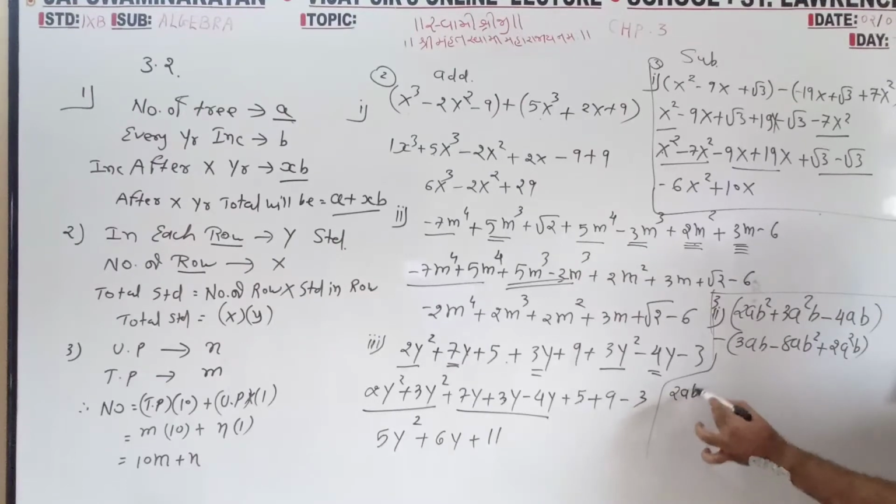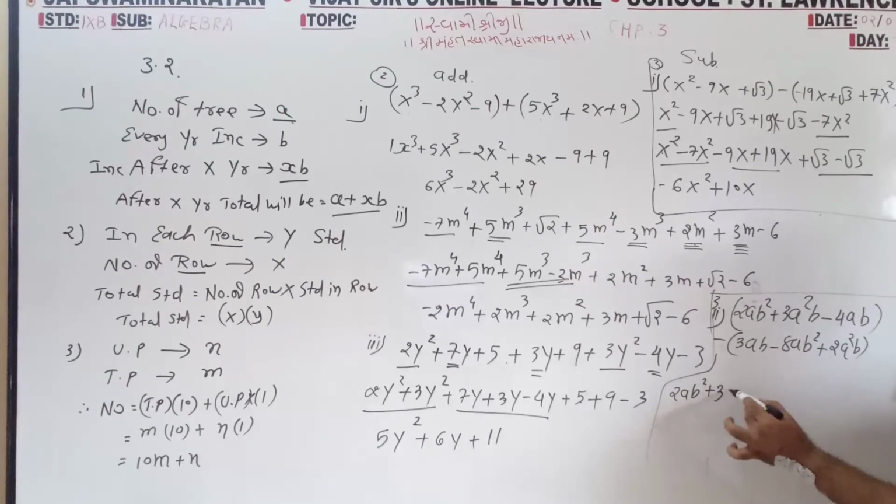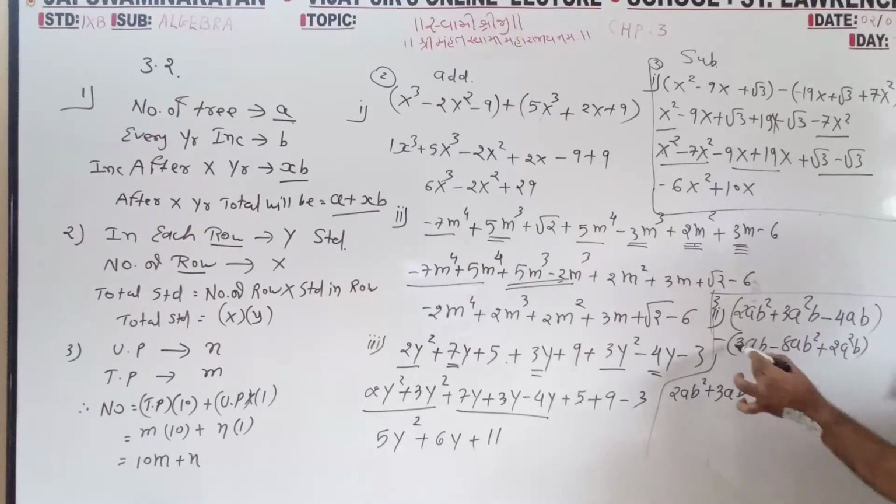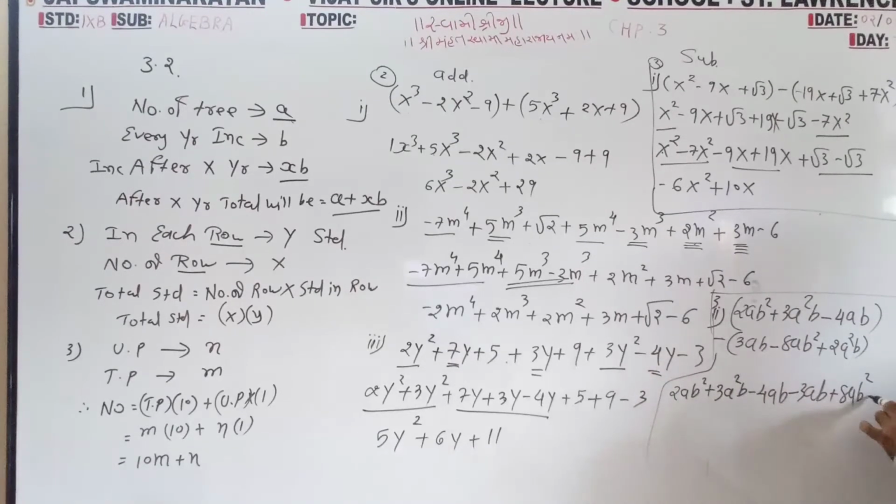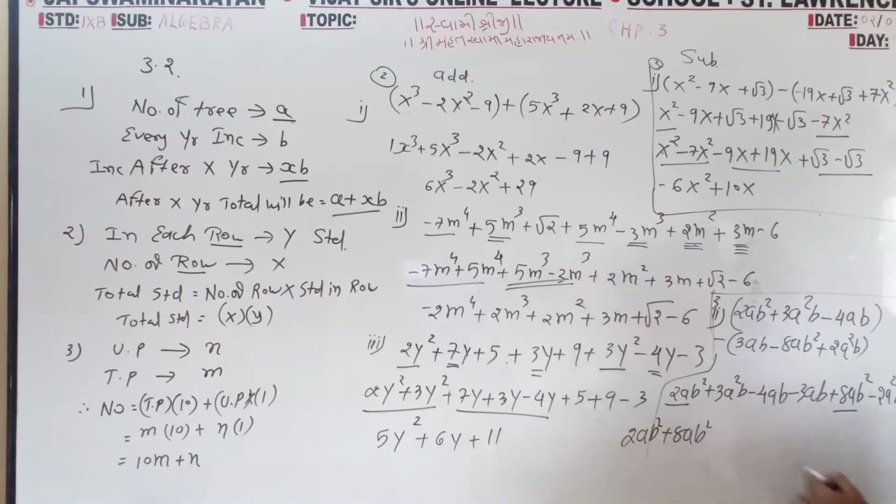Two ab square plus 3a square b minus 4ab. Now minus plus minus 3ab, minus plus minus 8ab square, minus plus minus 2a square b. Now ab square: 2ab square plus 8ab square.